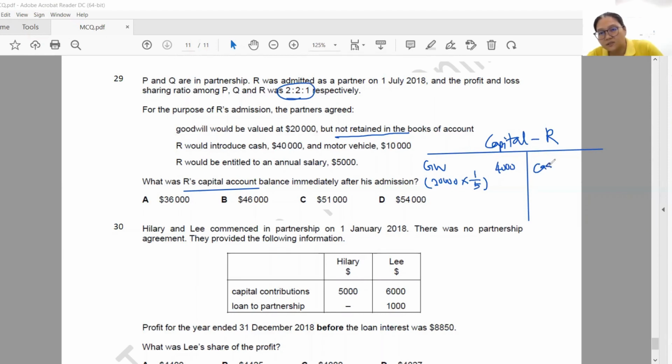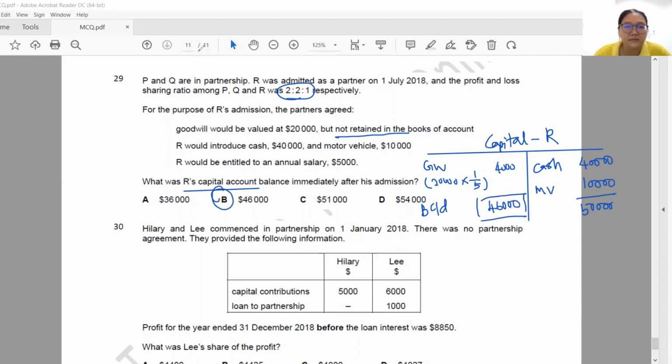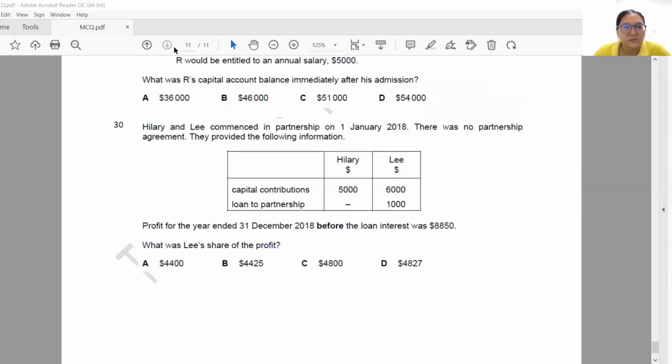The cash contribution is 40,000, and the motor vehicle is 10,000, so the total is 50,000. The balance, 50 minus 40 minus 4, will be 46,000. So this is the amount immediately after the admission. Okay, last question.